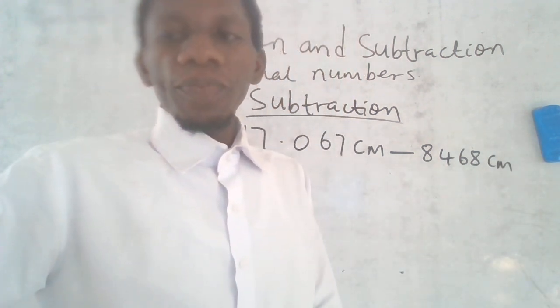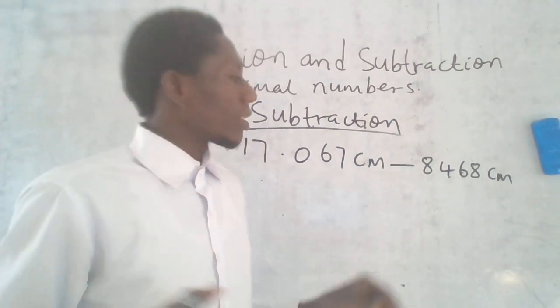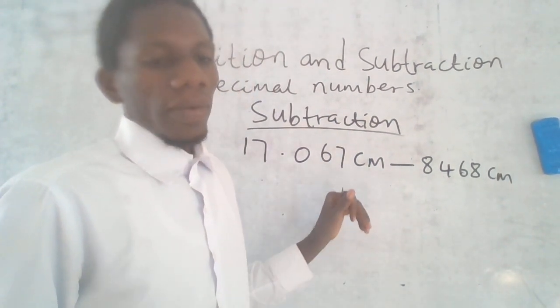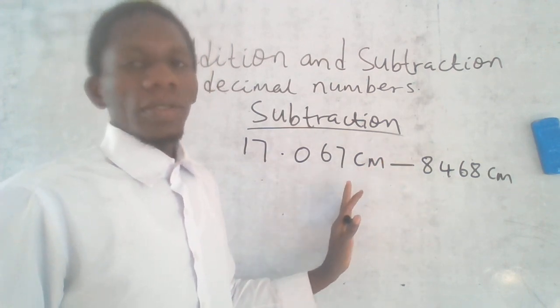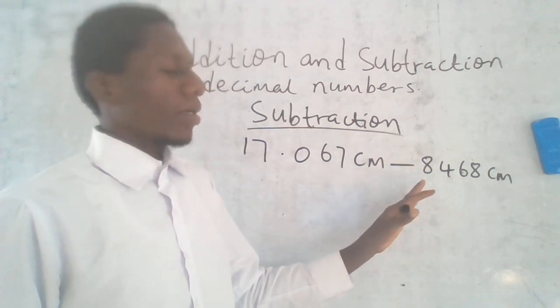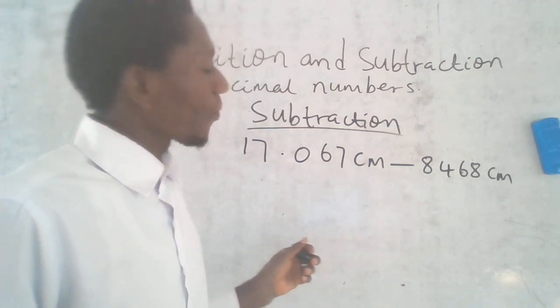Okay, so now when you have to subtract numbers in centimeter, well, I don't think this is a problem at all. Just watch me how I will do it, and you can learn from here.